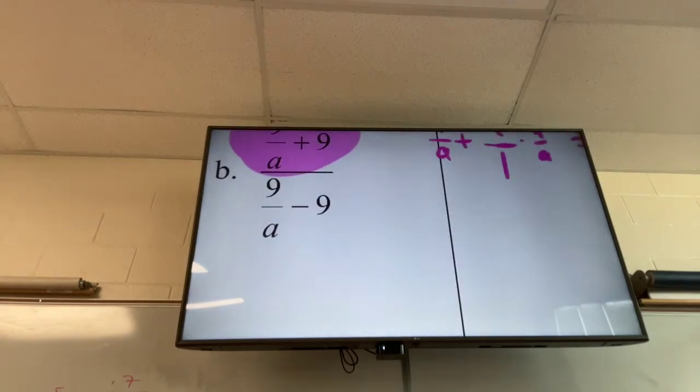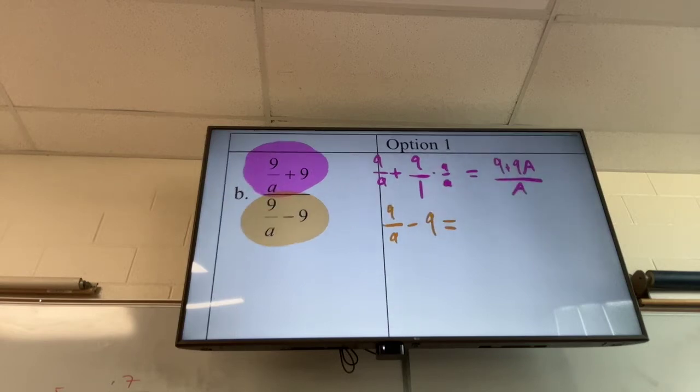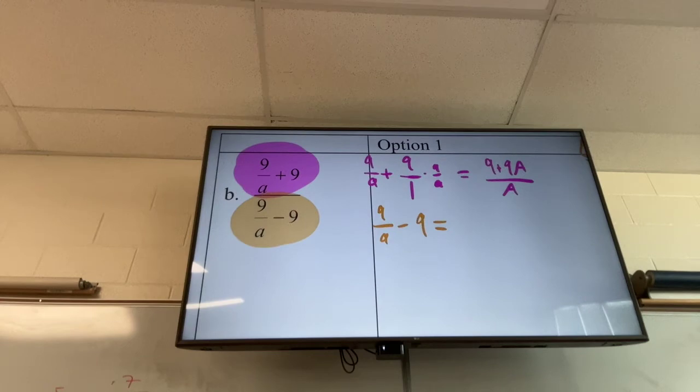Okay, I do the same thing with the bottom now. I'll highlight the bottom in orange. So it's 9 over A minus 9 equals what? So I'll do 9 over 1.